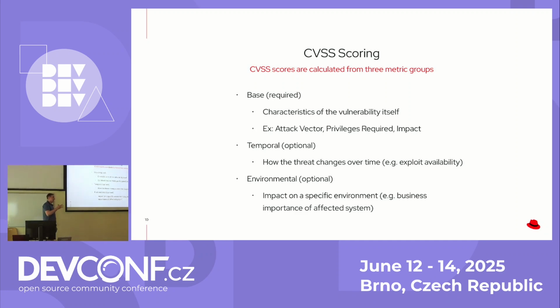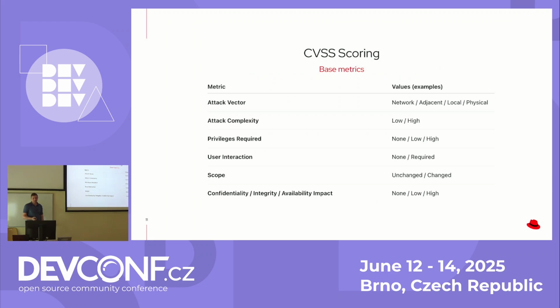Is there an available exploit that can automate this vulnerability or not? That can all affect the score. And finally, an environmental component, which tells us how these scores apply to a certain environment: can its severity be lower or higher depending on different environmental settings.